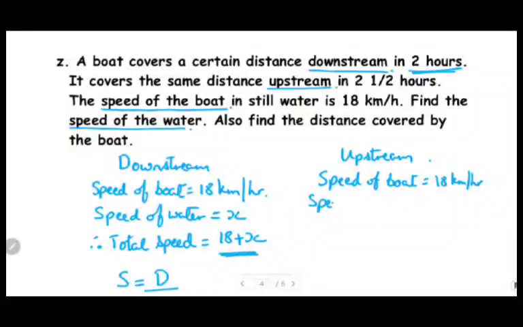Speed of water is going to hit against the normal speed, children. So it will reduce the speed of the boat, that is 18. It will reduce the 18 to something lesser. Okay, so that's why I'm going to take it as minus x. So total speed is equal to 18 minus x.